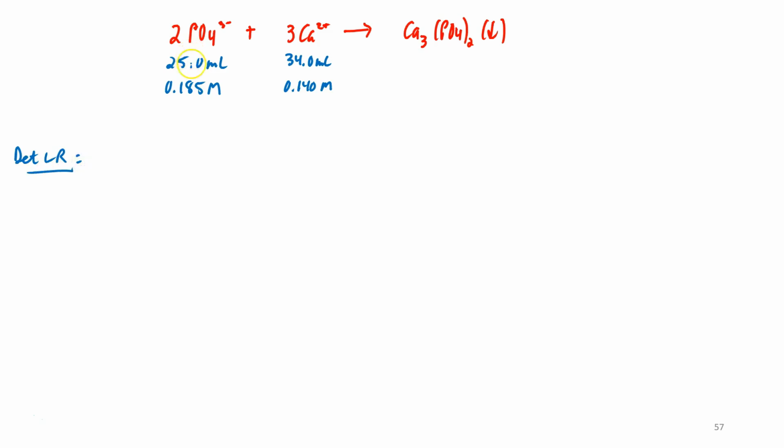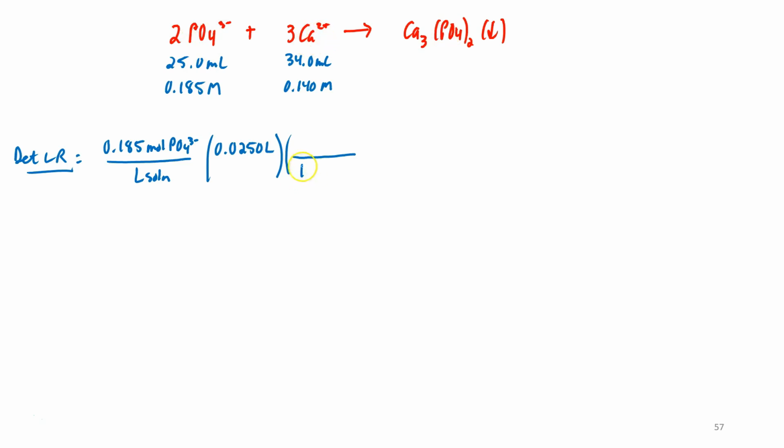So I'm going to try phosphate. Here again is my concentration of phosphate, 0.185 moles of phosphate for every liter of solution. And I have 25 mils, that's 0.0250 liters of solution. And remember, the way that I determine a limiting reactant is I ask myself which reactant gives less product.